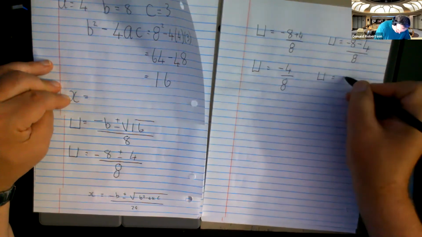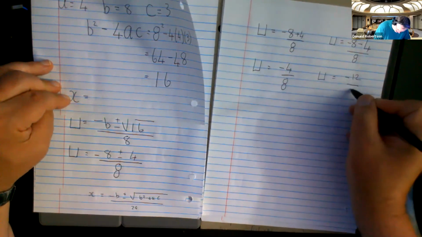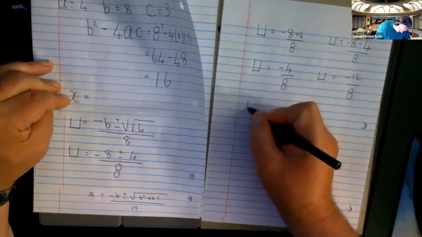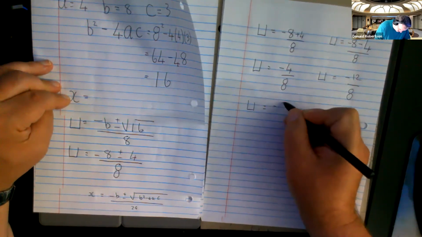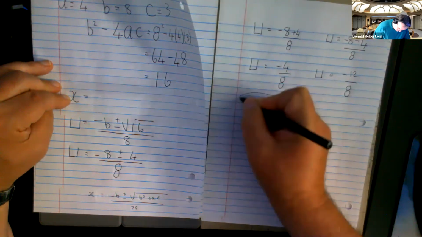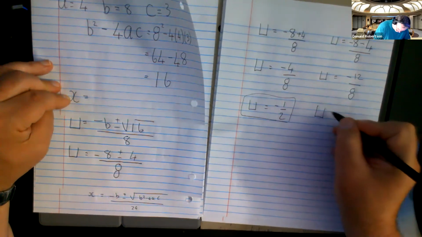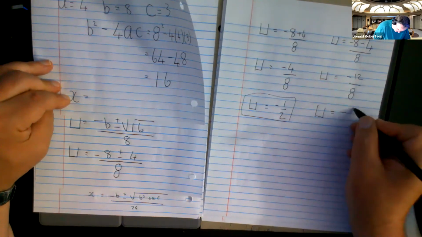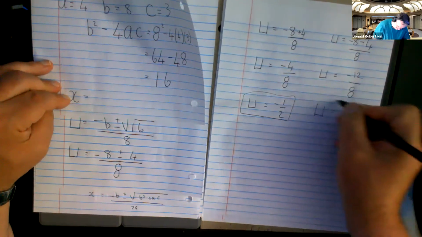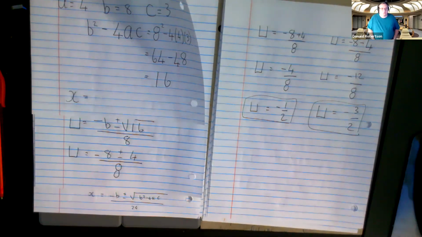Those two guys get you negative 12 over 8. You simplify the first one, you get negative 1/2. And if you simplify this one, I believe you get -3/2. So it actually works. You get nice answers.